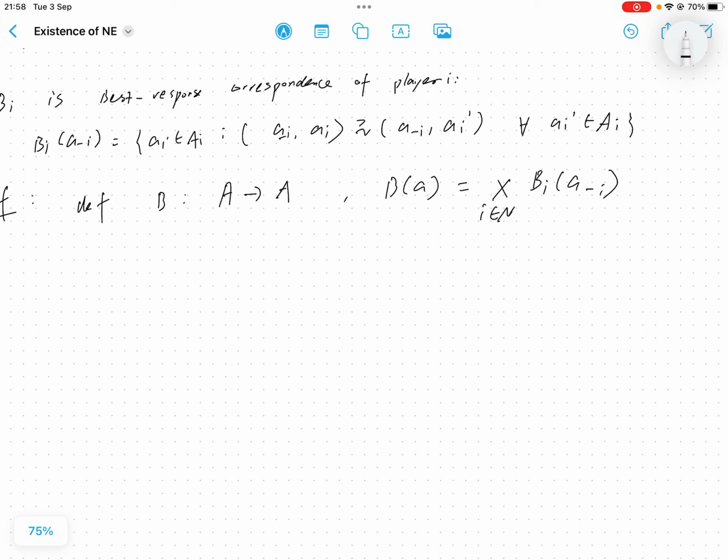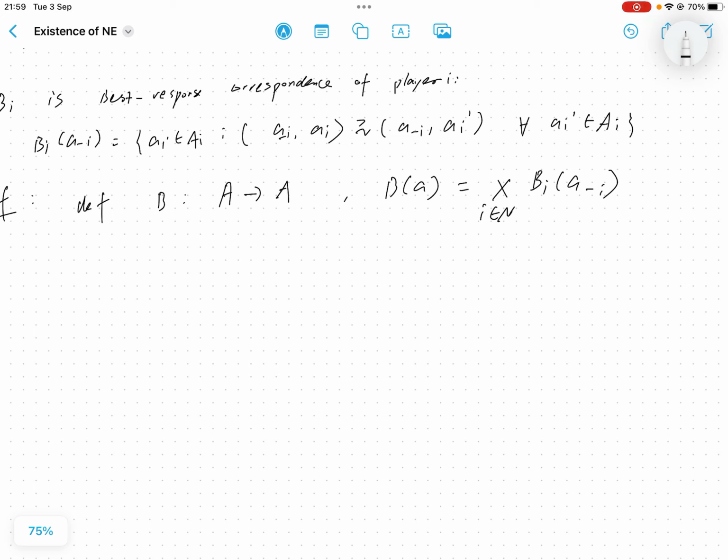This is because each one is affecting the other one's decisions, right? So if we fix all the other players' actions, then we get the cardinality of the set from the output of the correspondence, right? So that's exactly symmetric for all the players.